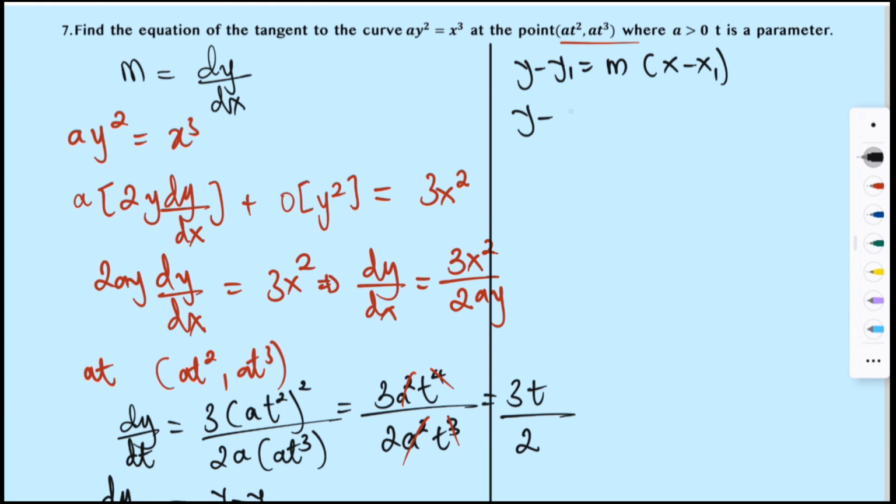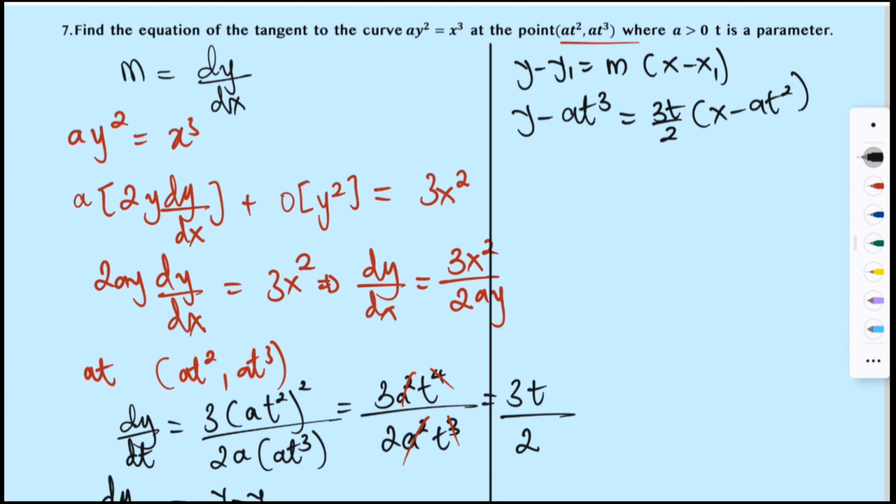So y minus at cubed should be equal to 3t over 2 parentheses x minus x1, which is at squared.